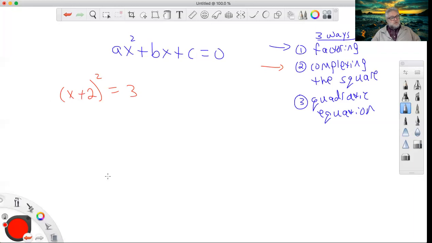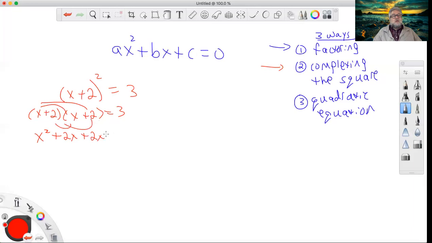It won't be. Okay? But let's do that for fun. So x plus 2 times x plus 2 equals 3. First two, outside two, inside two, last two.